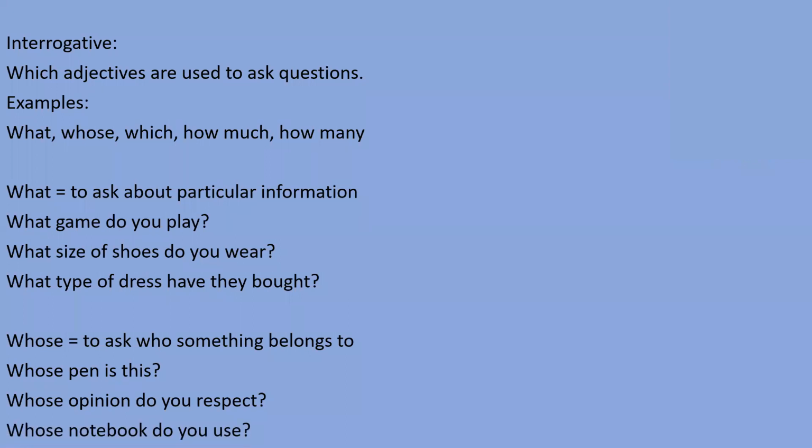Next, whose notebook do you use? I want to know about the owner of the notebook. So whenever you want to ask who something belongs to, you should use the word whose, right?